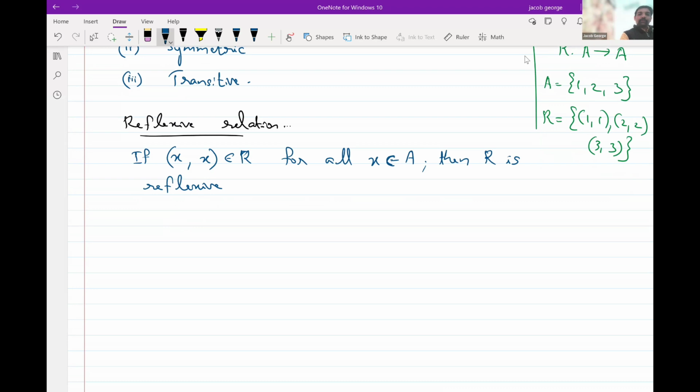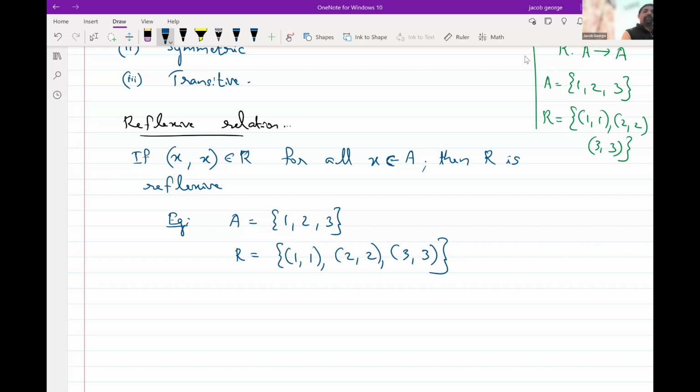Example, you can write the same example. If A is the set 1, 2, 3, when you define every relation, there will be a basic set capital A, because R is a subset of A cross A. Then if R is reflexive, the smallest reflexive relation will be like this: (1,1), (2,2), (3,3).